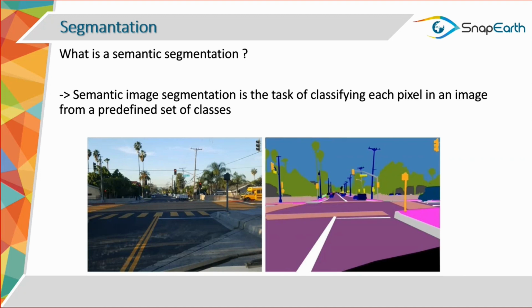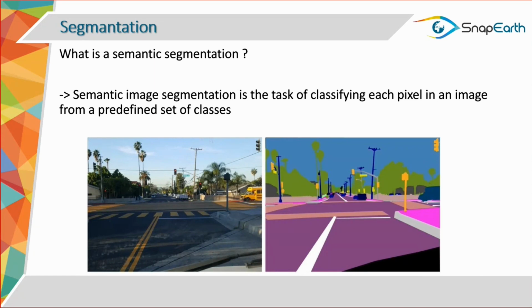And what semantic segmentation does is, for each of these classes, we give a color. So for the traffic lights, for example, it will be yellow. For the road, it will be purple, and for the cars, it will be blue. And it can be done automatically with machine learning.